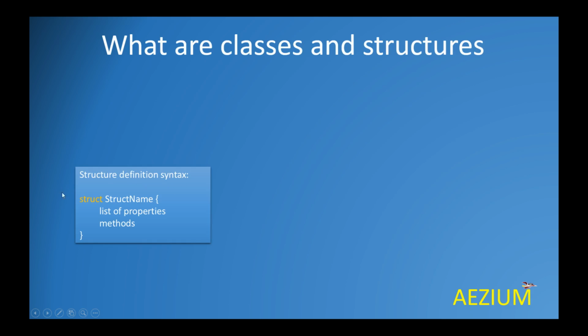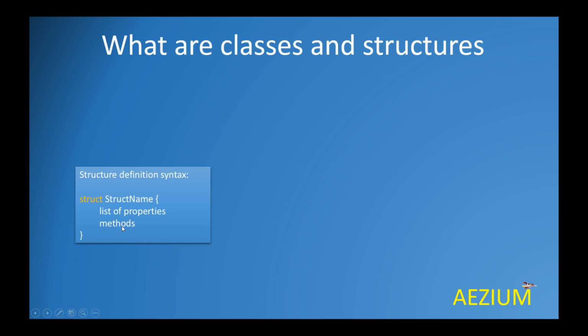Here's the very general syntax of a structure. We start with the keyword struct, the name of the structure. Notice capitalization here. Then within braces, the basic syntax will contain a list of properties. These are variables or constants defined for this structure, and a number of methods.